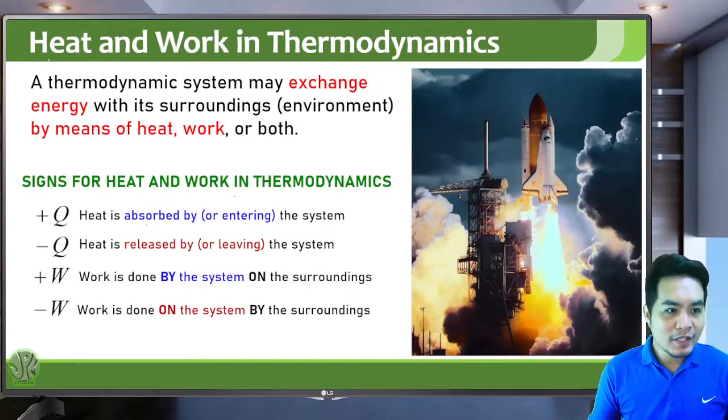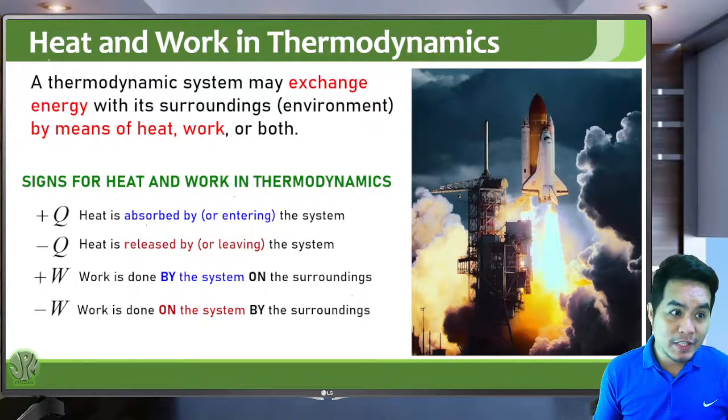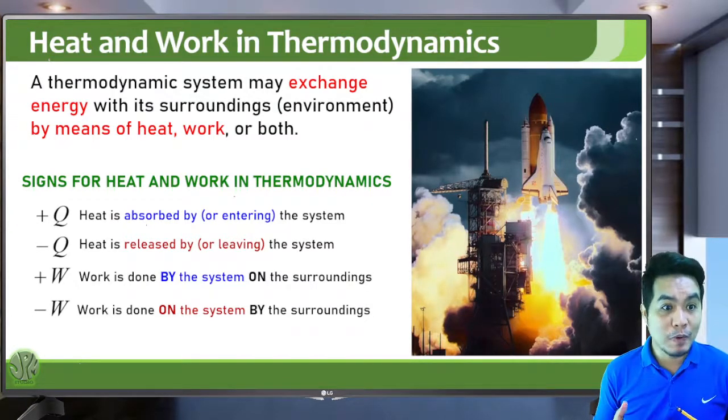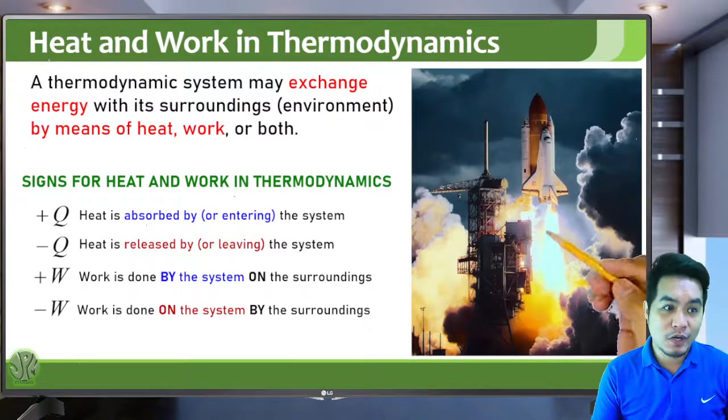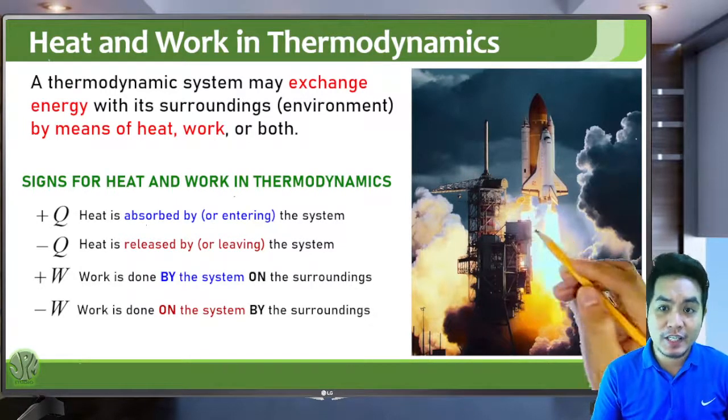A rocket is an example of a thermodynamic system. It uses the heat of combustion of its fuel. So it burns its fuel, and when burning its fuel, it's absorbing heat. And in turn, it does work on its surroundings, which in this case is the surrounding air.